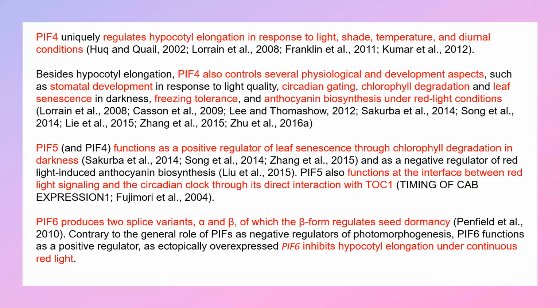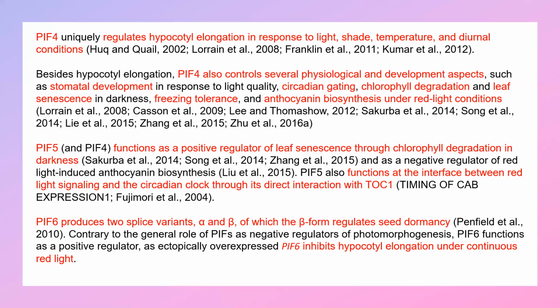Besides elongation of hypocotyl, PIF4 also controls several developmental and physiological aspects, for example, stomatal development in response to the quality of light, circadian rhythms, chlorophyll degradation, senescence in darkness, tolerance towards freezing situations, and anthocyanin biosynthesis under red light conditions. All these things are regulated by PIF4.